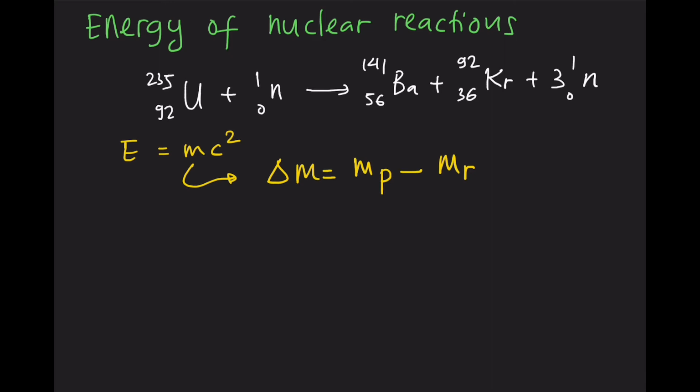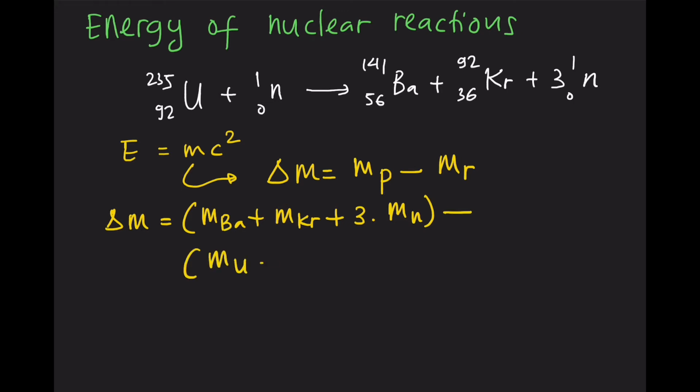So in this case, we can calculate the mass defect from the sum of the mass of barium plus mass of krypton plus 3, don't forget the coefficient, mass of neutron, minus mass of reactant, so mass of uranium plus only one of the neutron particle. And normally the unit will be in AMU, or atomic mass unit. And in this case, you will have the delta m in a certain value and in the unit of AMU.